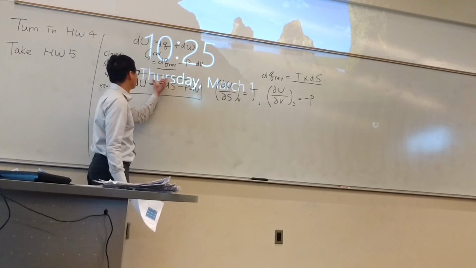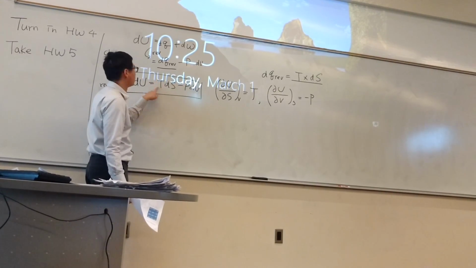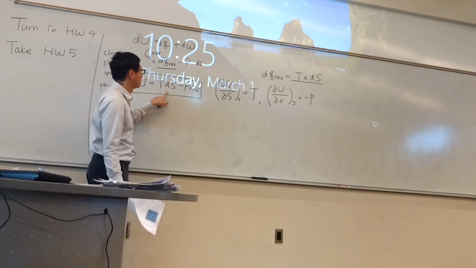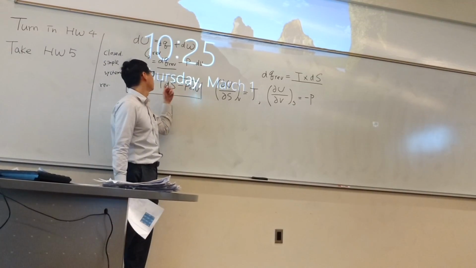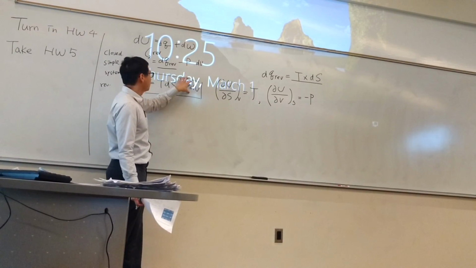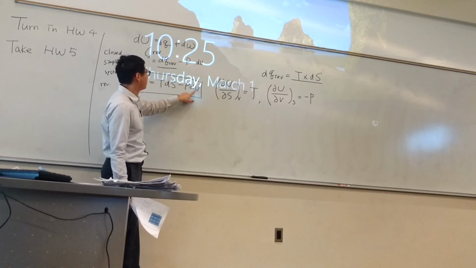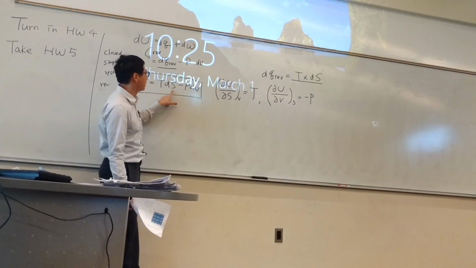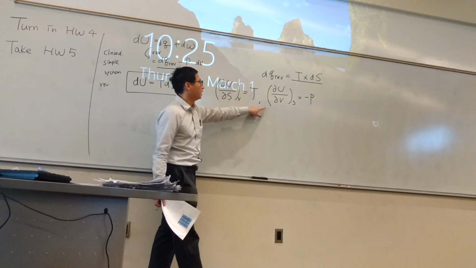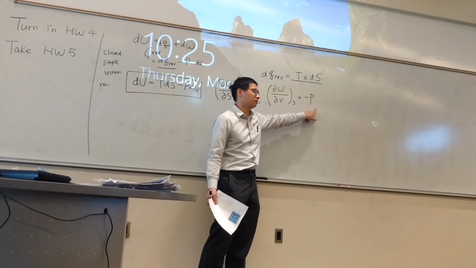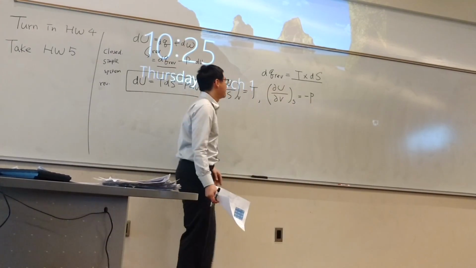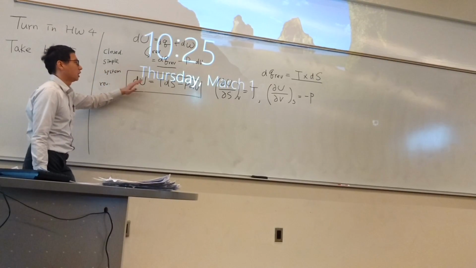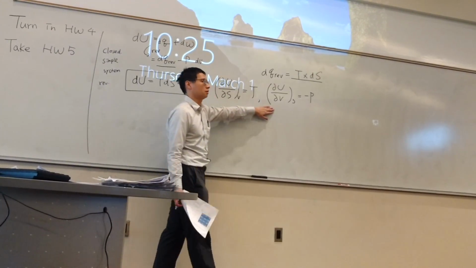The first term is partial U over partial S at constant V, and that term is equal to T. The second one is partial U over partial V at constant S, and that term is equal to your negative P. Alright, so once you write these out, you know this already.